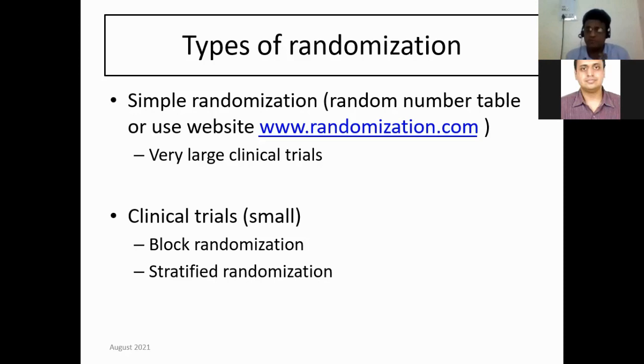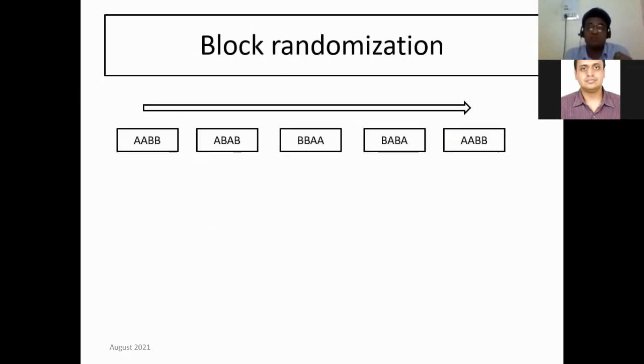But if you're doing a very small trial as part of your thesis, or a very small RCT on a small group of patients, it's better to use something like block randomization and stratified randomization. Now, what do we mean by block randomization?